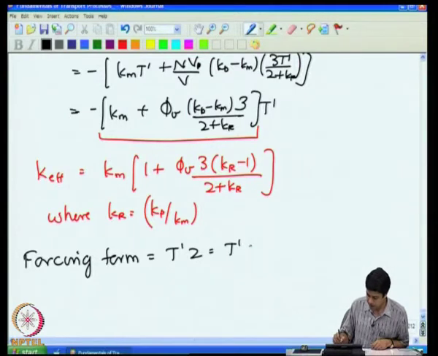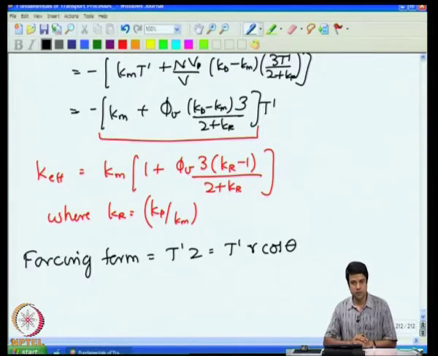Which is T prime times R cos theta. This was what was causing the temperature distortion around the particle.